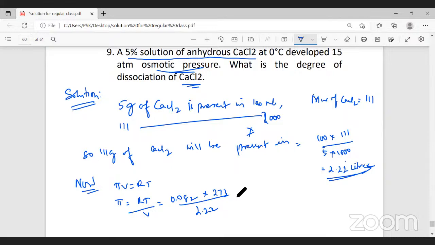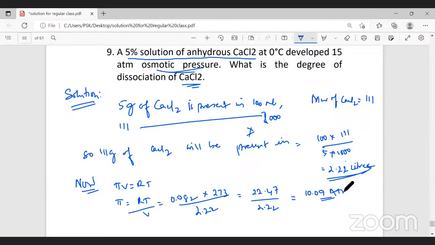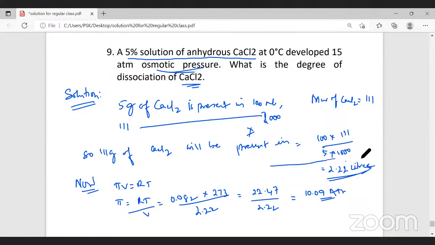That will be 22.47 divided by 2.22, and you will get the answer 10.09 atmosphere. I don't know whether you understood this part of the problem. If you have not understood, it is nothing but the calculation of molality, the weight of solvent present in the molality. That's all.